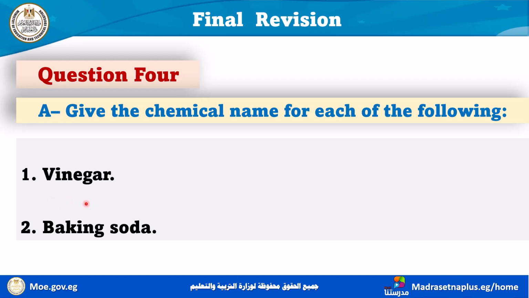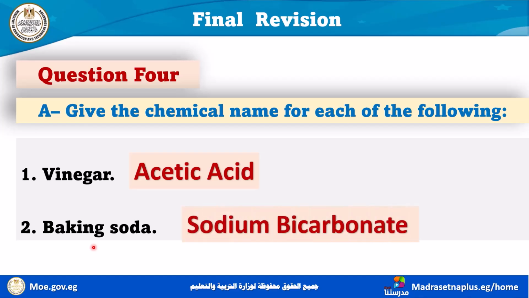The first one is the vinegar. What is the chemical name of vinegar? The chemical name of vinegar is the acetic acid. Number 2, what is the chemical name of baking soda? The chemical name of baking soda is sodium bicarbonate.